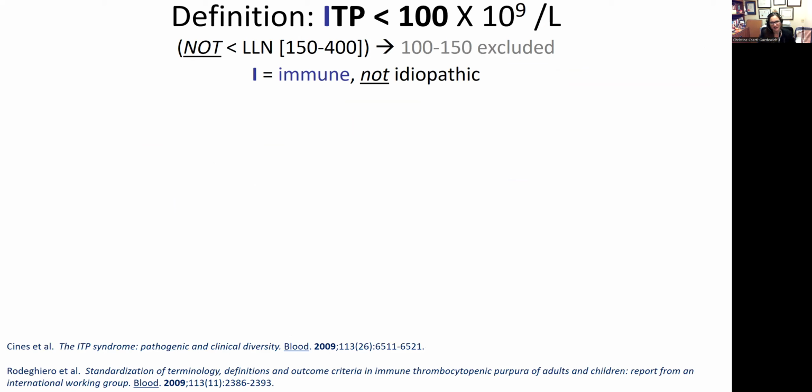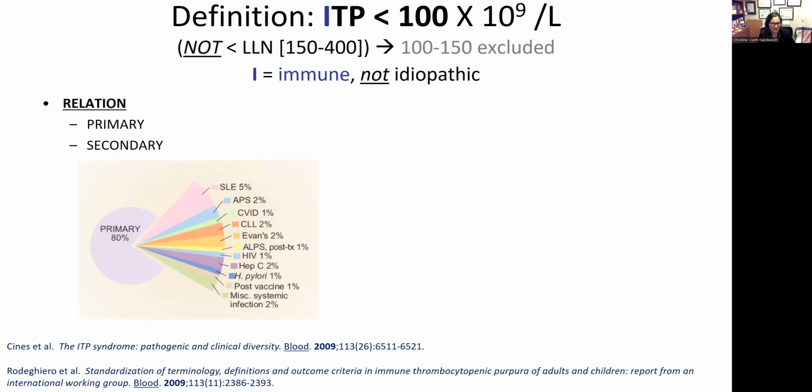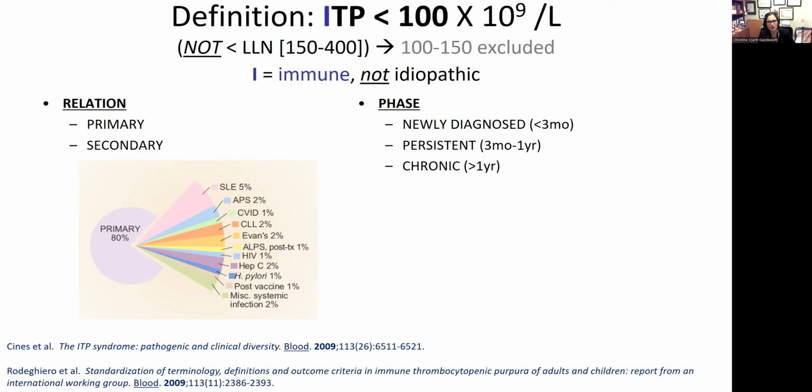Now let's flip over to ITP. So these are immune-mediated platelet counts that are less than 100. Most ITPs are idiopathic, 80%, but 20% of the time it could be a driver condition like lupus, antiphospholipid syndrome, common variable immunodeficiency, CLL, ALPS, HIV, Hep C, H. pylori, a post-vaccine phenomenon, or other infections.